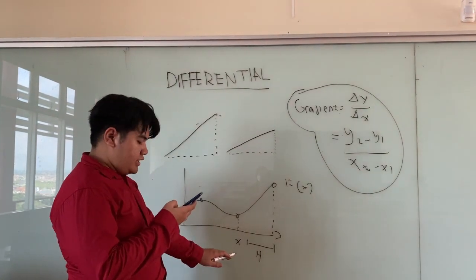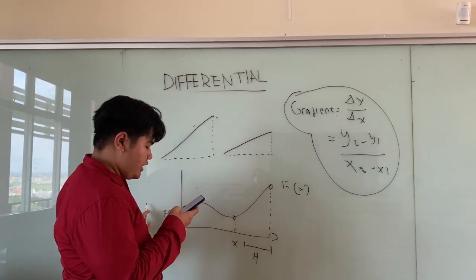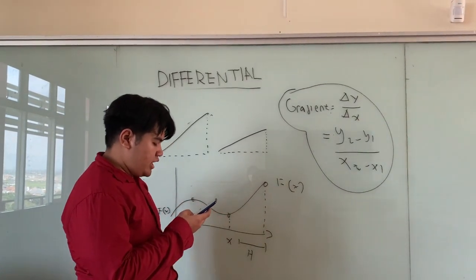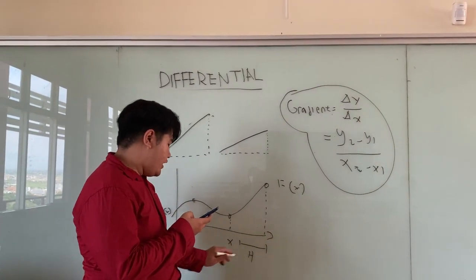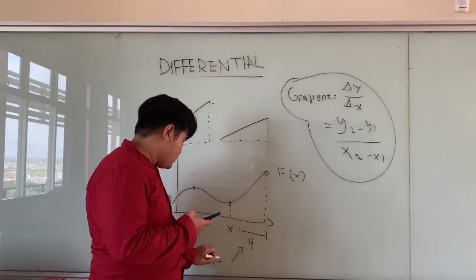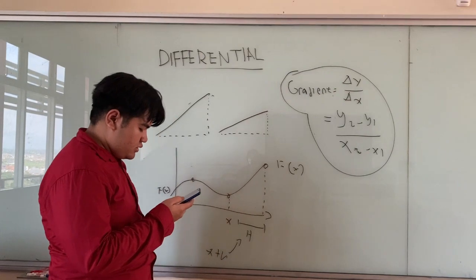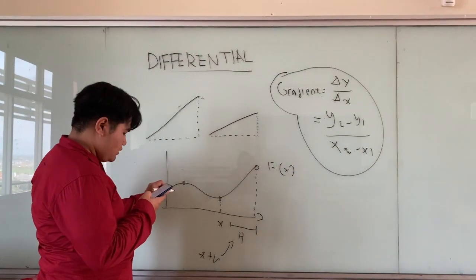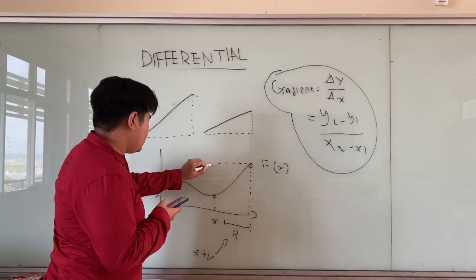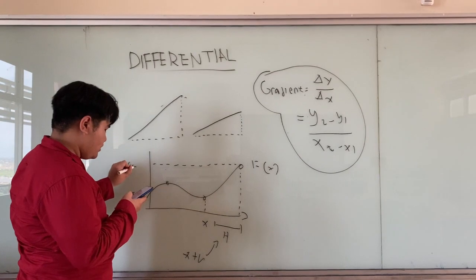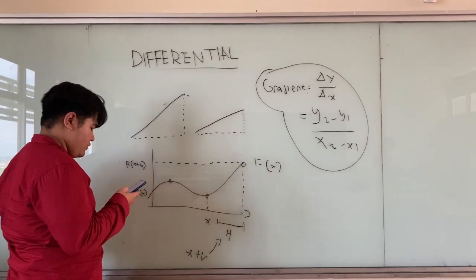Or we can call this x, and this is f(x), and then we move far away to the right as we can, and then we have x. This is x plus h. And this one is f(x plus h).